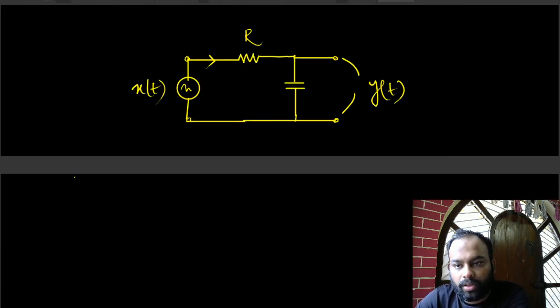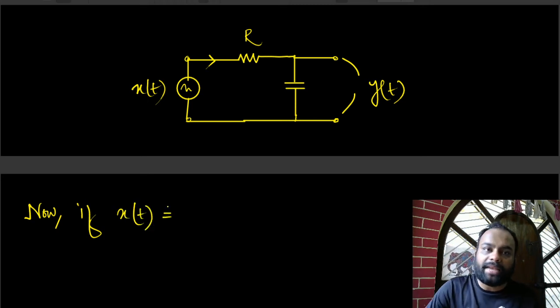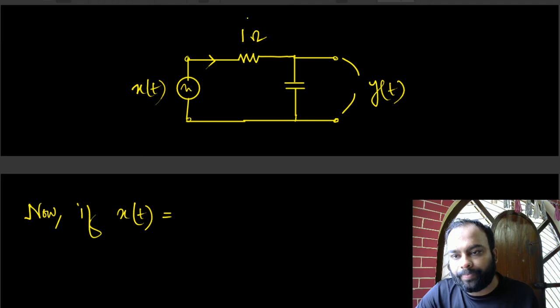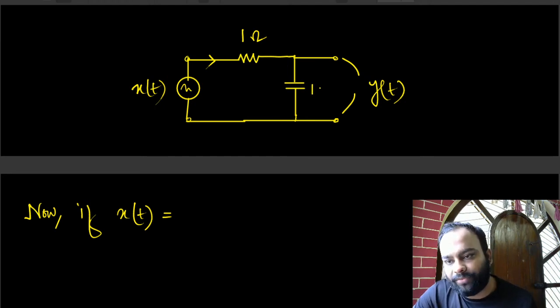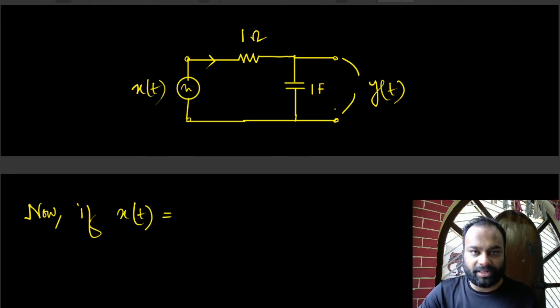Now, my question is this: let me give you some values here. Say this is 1 ohm and say this is 1 farad. Very bad example, but let's deal with this. This is 1 ohm, this is 1 farad.